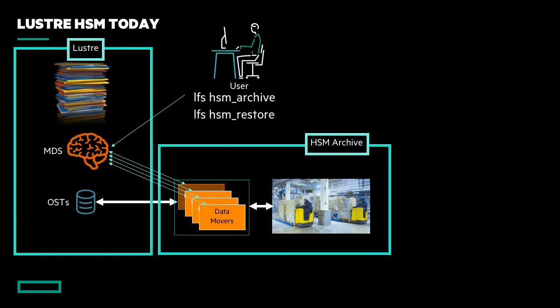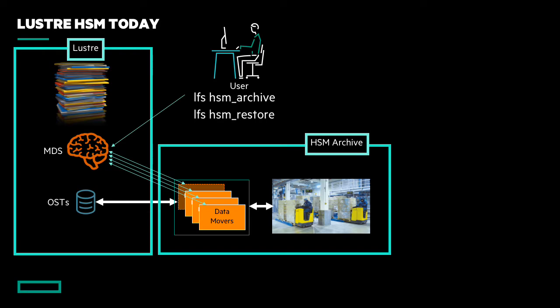The way Lustre HSM works today is that a user issues an HSM command from a Lustre client that goes to the MDS. There's a thread in the MDS that stores those requests on what's called an internal coordinator queue. That queue then is processed to hand out individual work items to data movers that are registered with the MDS.